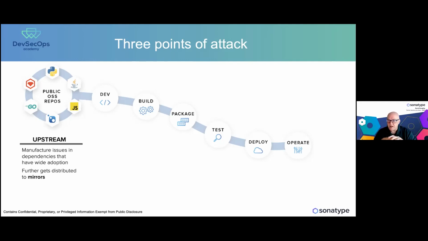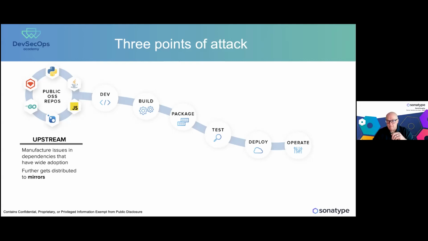These are typically characterized by manufactured issues in components that have got wide adoption, either directly, perhaps as a trusted contributor, or by exploiting exposed credentials, and you'd be surprised at how often that does happen, or indirectly by using something like typo squatting or brand jacking, and I'll talk about a couple of different types of attack that have occurred in that way.